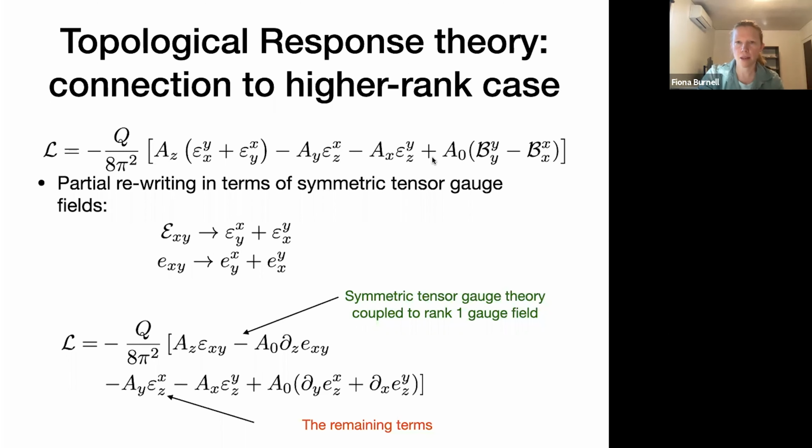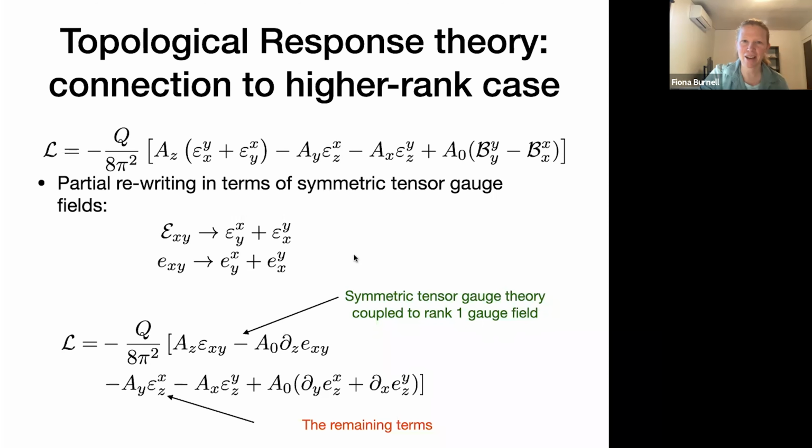Let me not worry too much about these terms, but let me replace this quantity, epsilon_YX plus epsilon_XY, in terms of epsilon_XY. For those of you who are familiar with symmetric tensor gauge fields, this is a natural thing to do, but let me not get into that.